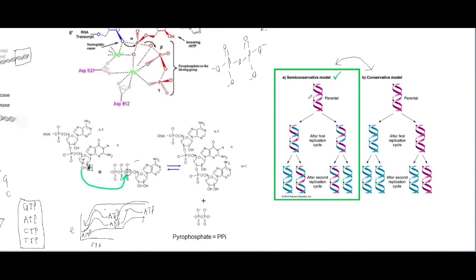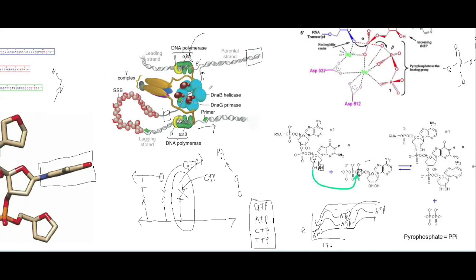So what happens is on this DNA double helix, both strands come apart, which is what we see up here. And you can see just before entering our replication complex here that we have these single strands, and on each single strand we are adding another strand.